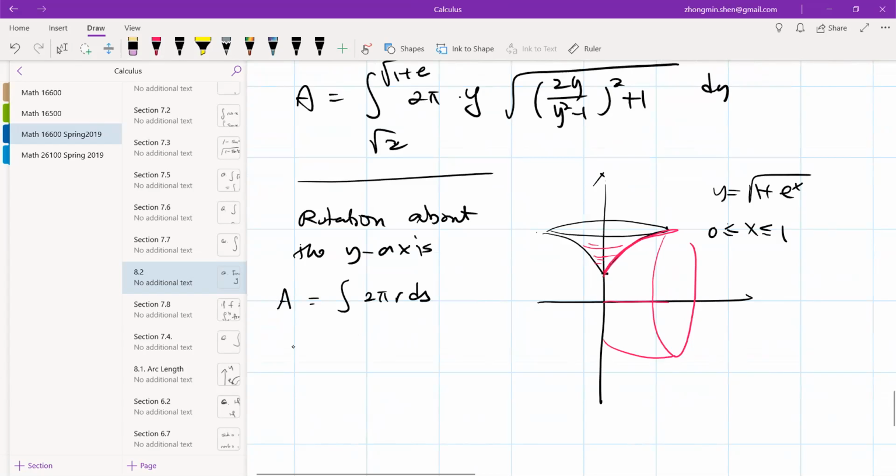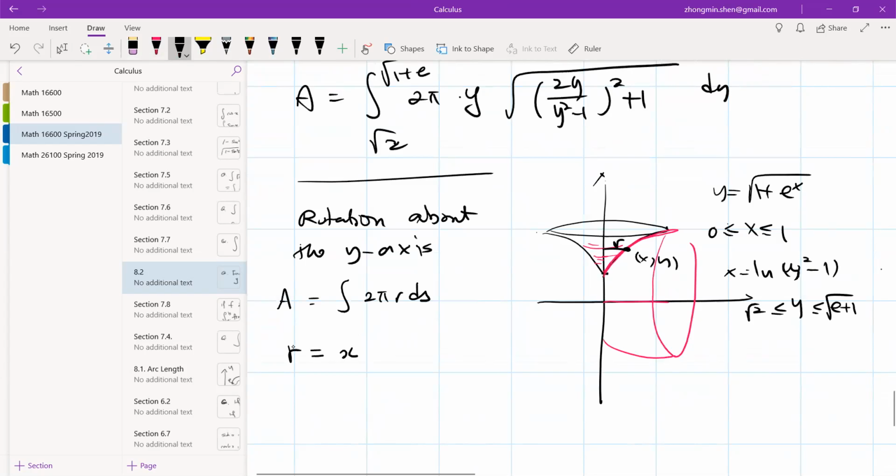And then you can write down two integral formulas. x could be the natural log of y squared minus 1, and y is between square root 2 and square root e plus 1. So for the same curve, you take a point x and y here. The only difference is the radius r. The r is going to be x, not y here.